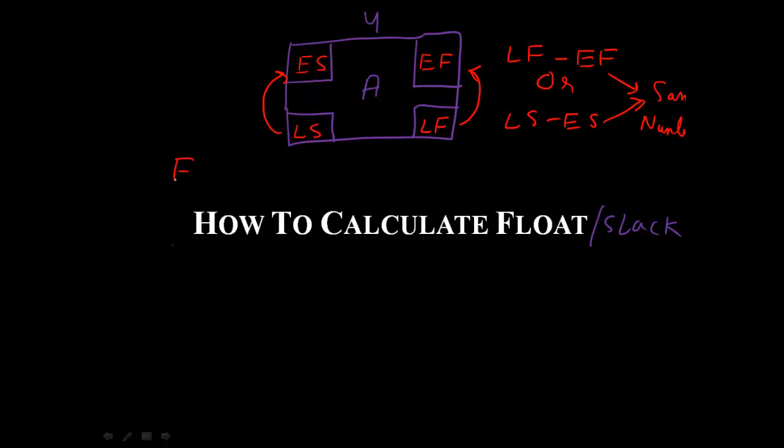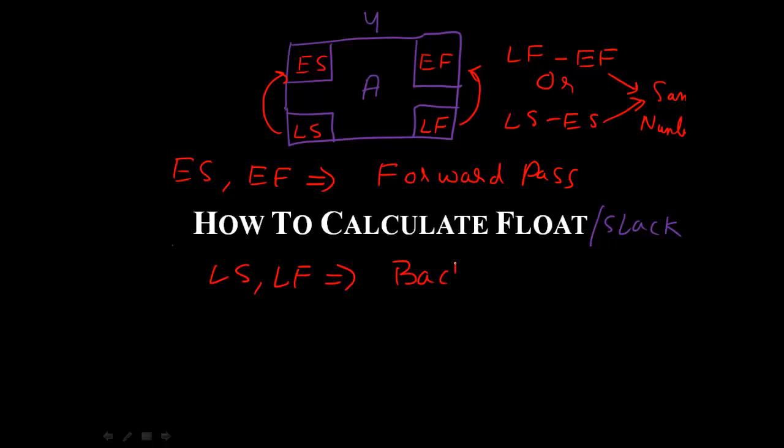ES and EF, early start and early finish, are calculated using forward pass. LS and LF are calculated through backward pass. First let's understand ES and EF, following the forward pass, and then we will go through LS and LF, which is the backward pass.